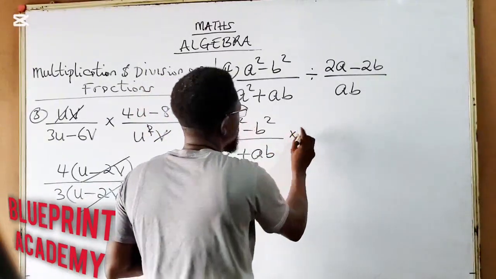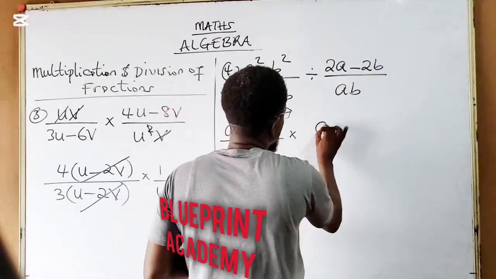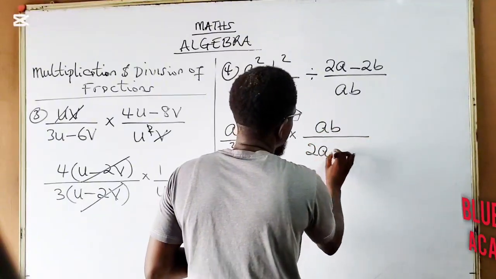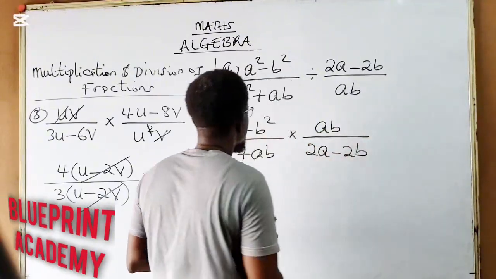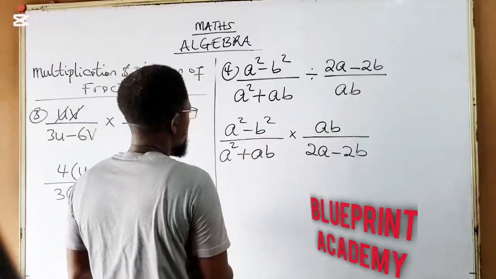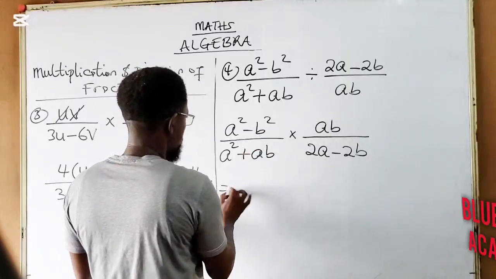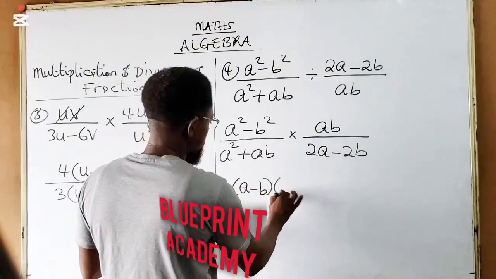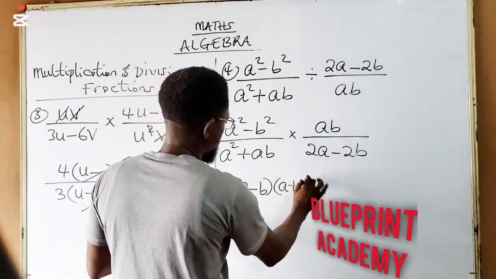Then change division to multiplication. We invert this one, so we have ab all over 2a minus 2b. So now we apply difference of 2 squares to the numerator here. This one becomes a minus b, a plus b.